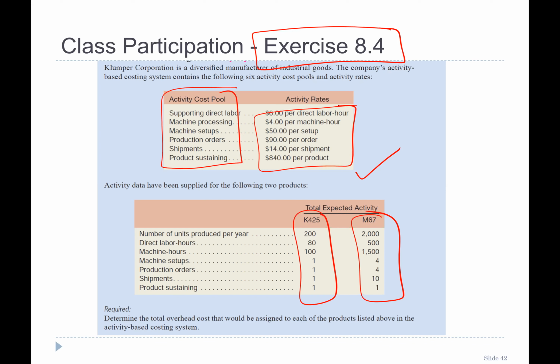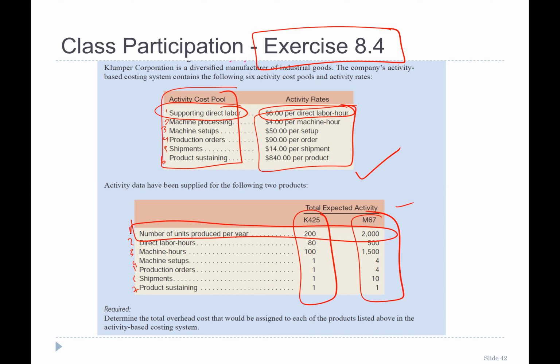All you need to do is multiply the cost pool activity with the respective activity rates. So you see here we have activities 1, 2, 3, 4, 5, 6, but we are given the activity rates 1, 2, 3, 4, 5, 6, 7. It means the question has one trick, that is, one extra activity rate is given to you.